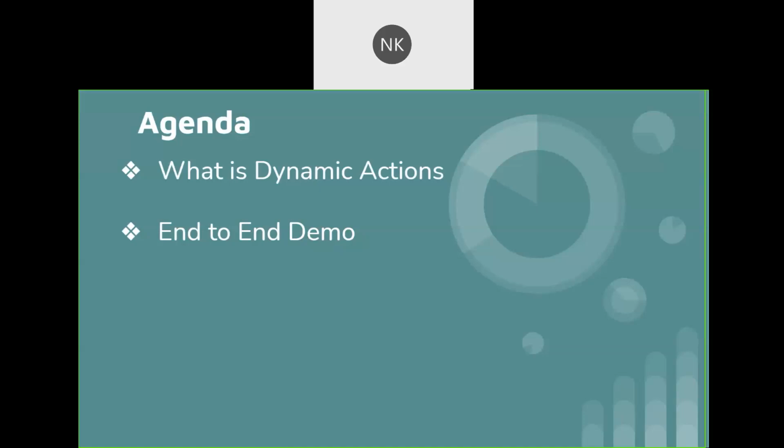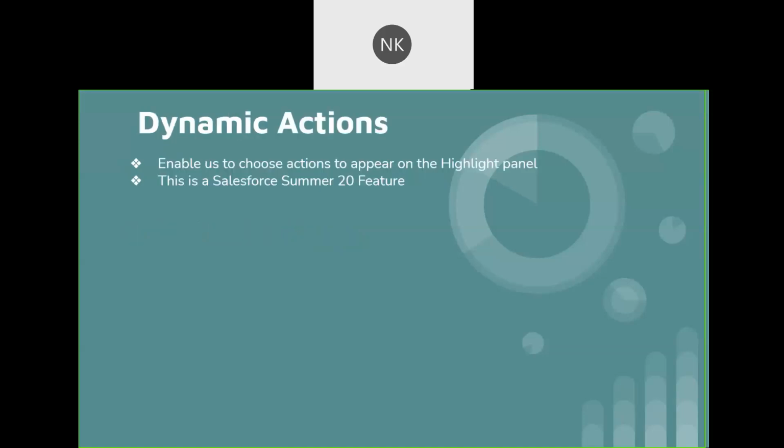Now let us understand the definition of dynamic actions. These dynamic actions enable us to choose the actions that appear on the highlights panel. From the Summer '20 release, dynamic forms and dynamic actions were made available for all our users. Using these dynamic actions, you can display the actions according to the criteria that we define.